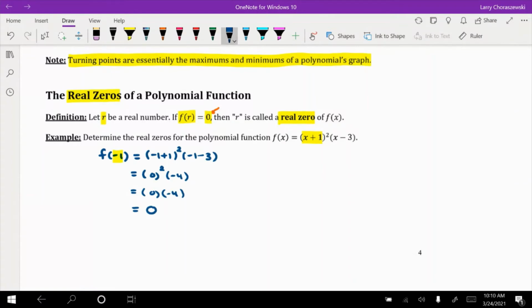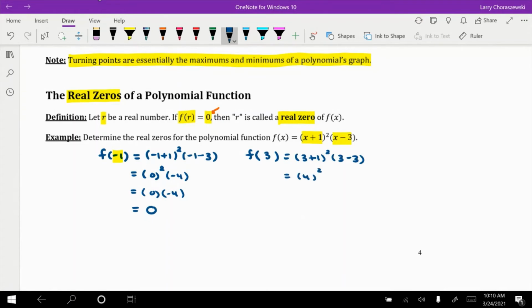Can anybody maybe think of another number that we could plug into the function to get an output of 0? Three. Yeah, so look at the second set of parentheses. If we plug 3 into the function, we're going to get 3 plus 1 quantity squared times 3 minus 3.